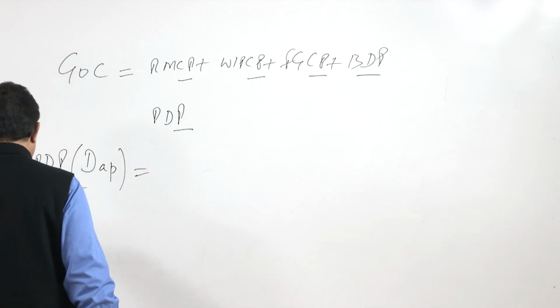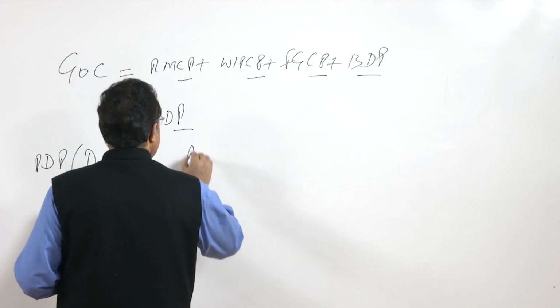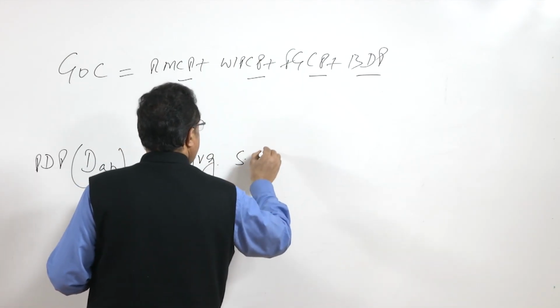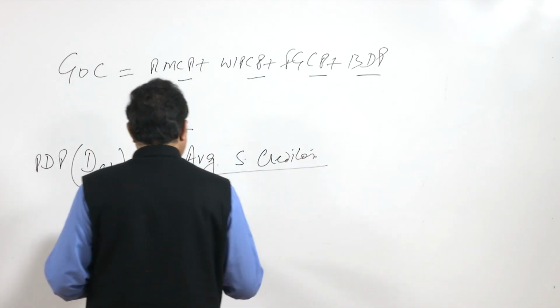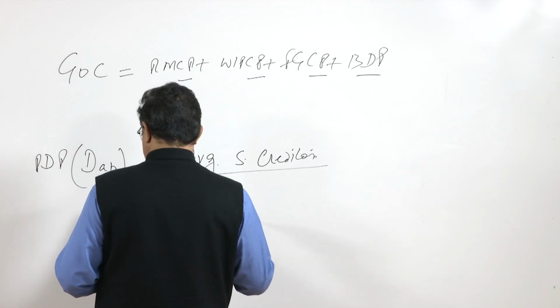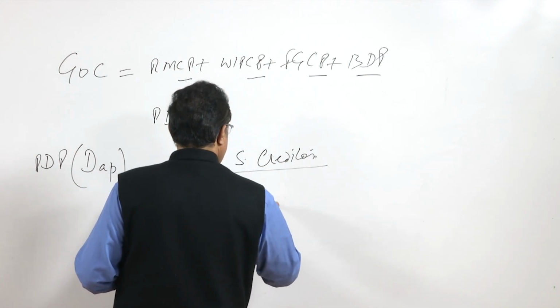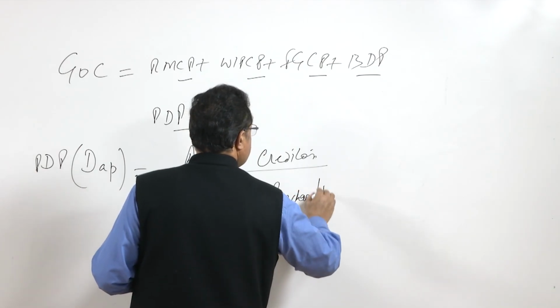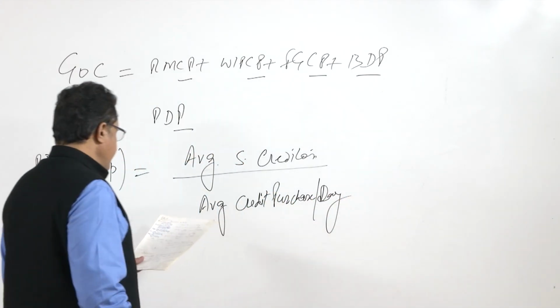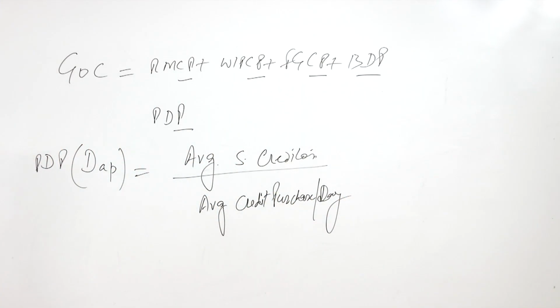For calculating that, we take average sundry creditors divided by average credit purchase per day. So, we can calculate this duration, PDP or DAP, from the average sundry creditors we have and the average credit purchase we are making per day.